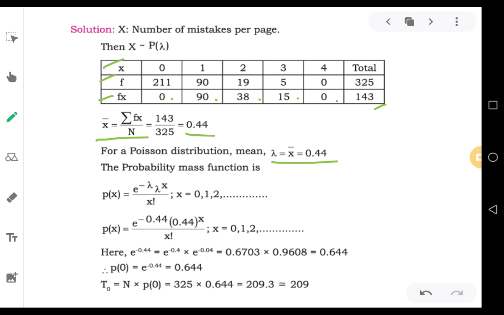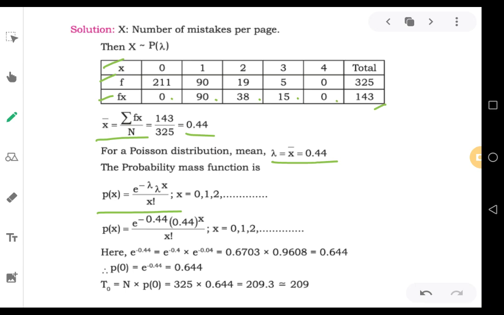So once you know the value of lambda, you can proceed with calculation of probabilities, starting from P0, P1, P2, you can calculate all the values. Now let's use the probability mass function PMF formula of Poisson distribution, that is P of x equals e to the power of minus lambda into lambda to the power of x divided by x factorial.